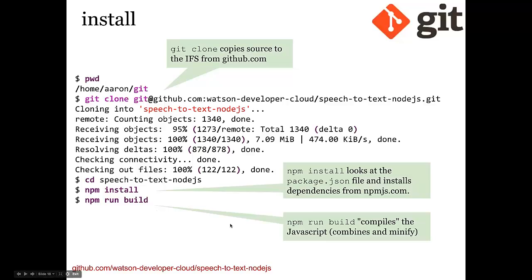Well, what does it do? Underneath the covers, it's going to take and compile all the JavaScript. What does that mean? I thought JavaScript was a scripting language that didn't need to be compiled. Well, in this case, it's going to combine multiple files together and minify them. By minify, it takes out a lot of the white space, so extra spaces for indentation and tab characters and the like.